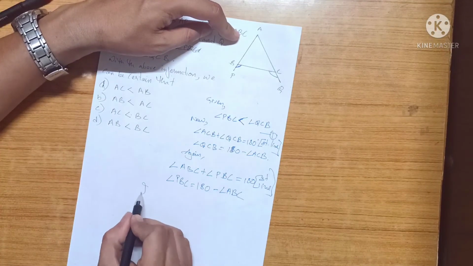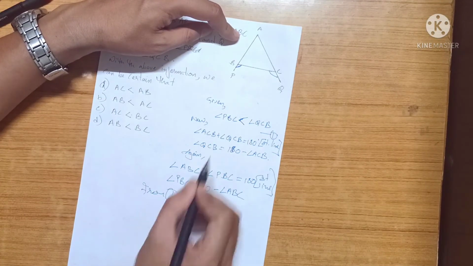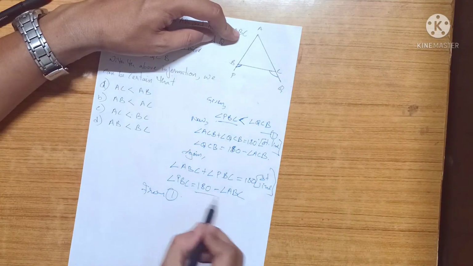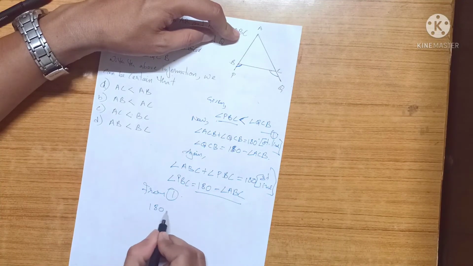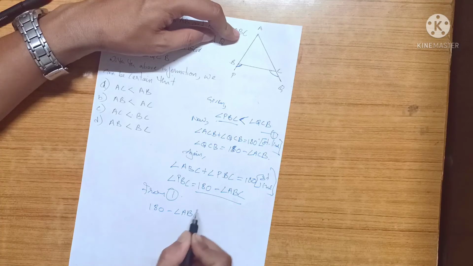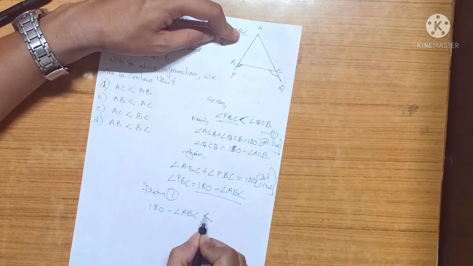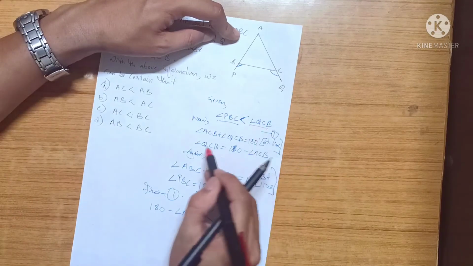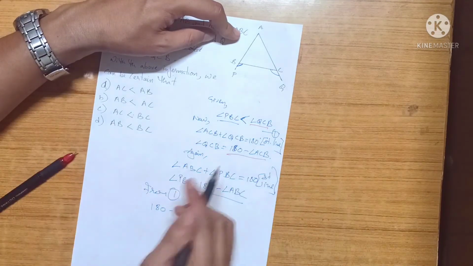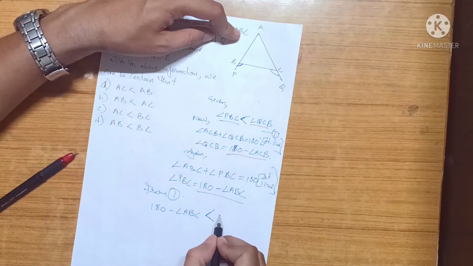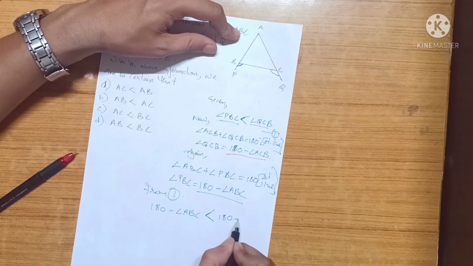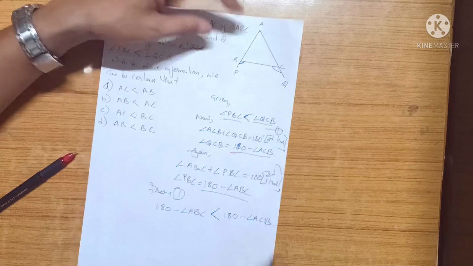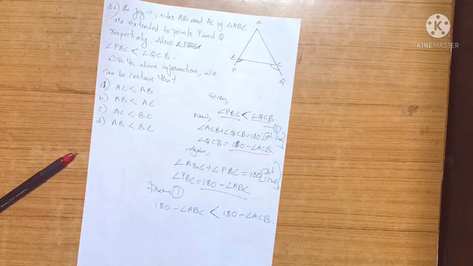So from 1, if I replace PBC by this, I'll get 180 minus angle ABC is larger than, instead of QCB I'll replace this, 180 minus angle ACB.